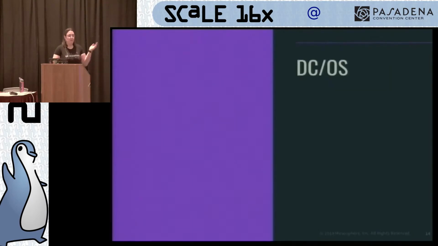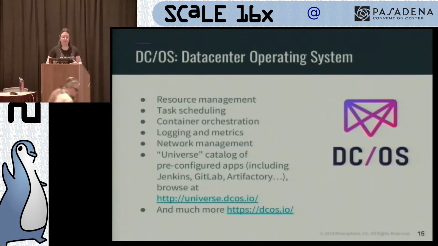And then on top of Mesos, we created DCOS. One of the things we saw is our customers were solving the same problems over and over again. In fact, some of them actually created open source projects around solving the same problems, like Yelp did. They have an open source project called Pasta, and that pretty much does a lot of the same things DCOS does, which is doing all the resource management, task scheduling, container orchestration.